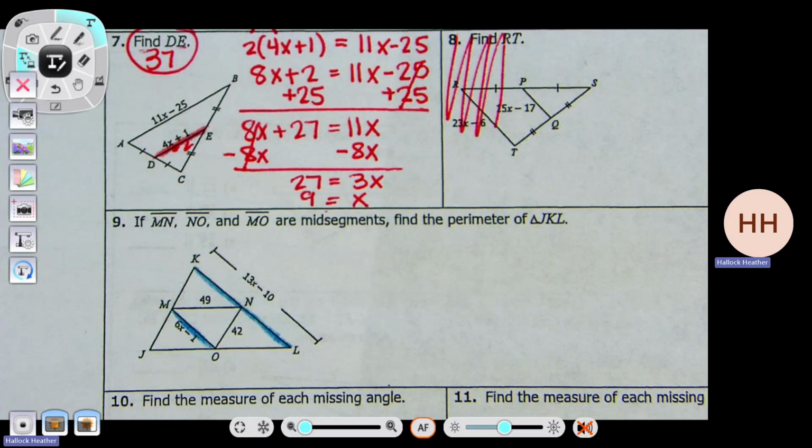Solve for X. You're going to distribute 2 to the 6 and 2 to the negative 1. There's a negative 2.